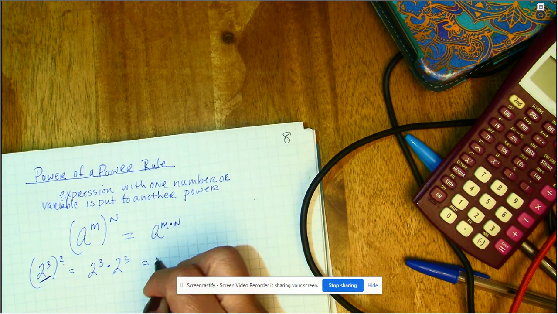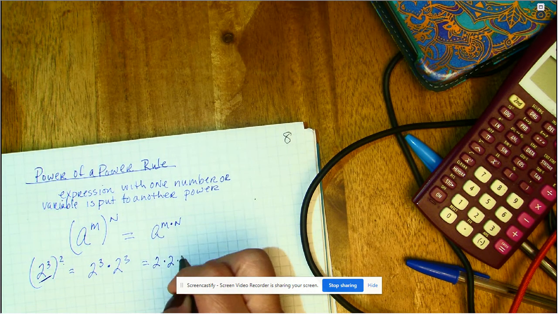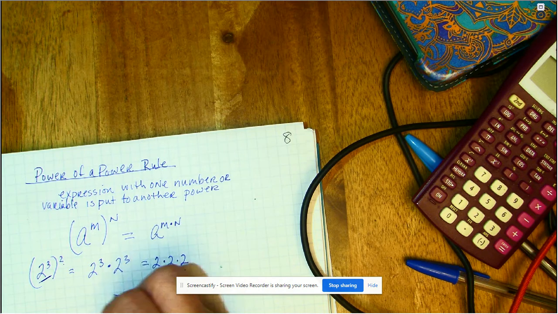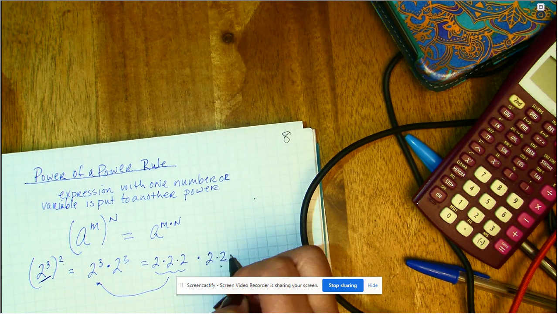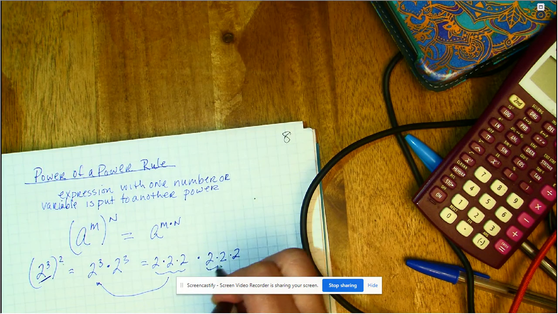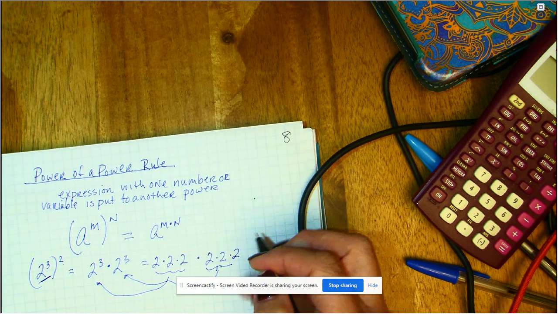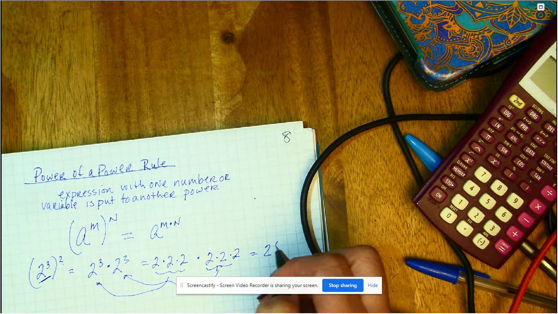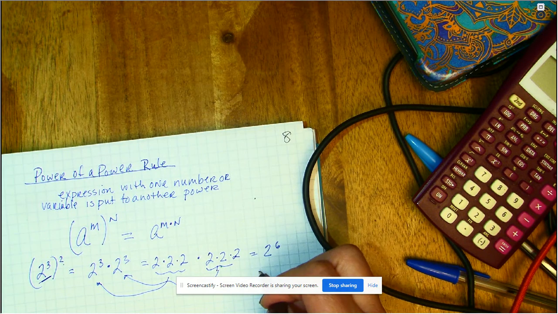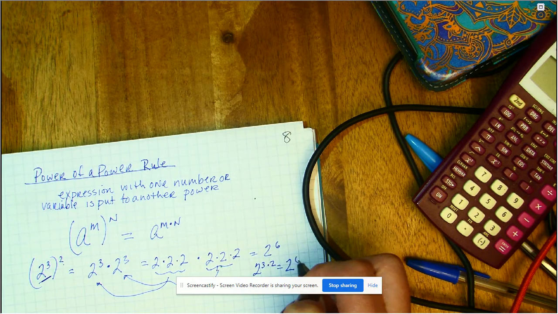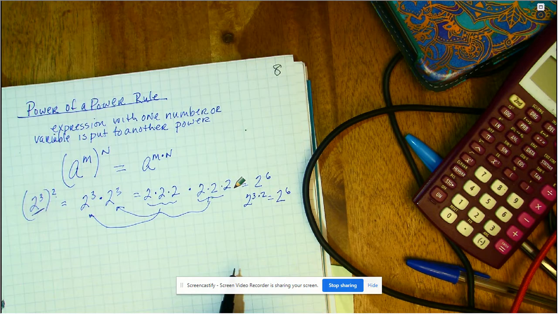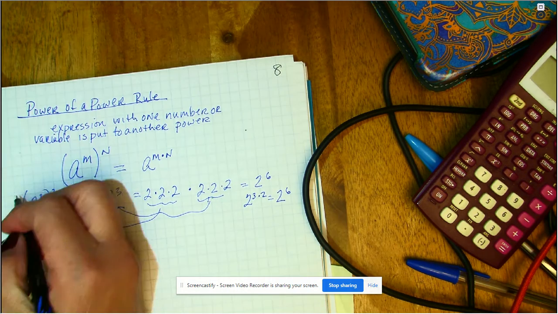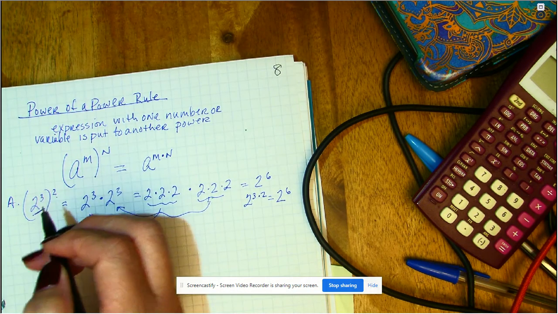In expanded form, that's 2 times 2 times 2, and then 2 times 2 times 2 again. If we count it out, we wind up with 2 to the 6th power. In other words, 2 to the 3 times 2 equals 2 to the 6th power. And of course, in standard form, I would just multiply 2 by itself 6 times.